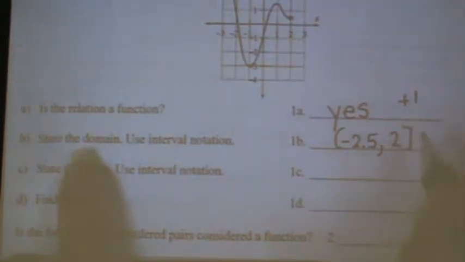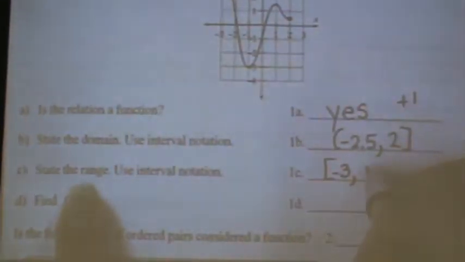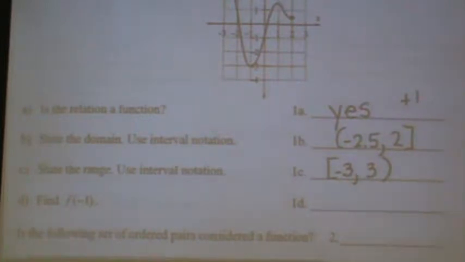So negative 2.5 would have a parenthesis, and then it goes to 2 with a bracket. In the range, the smallest number is negative 3, and it's including it, so we use a bracket, and it goes all the way up to 3 with a parenthesis.